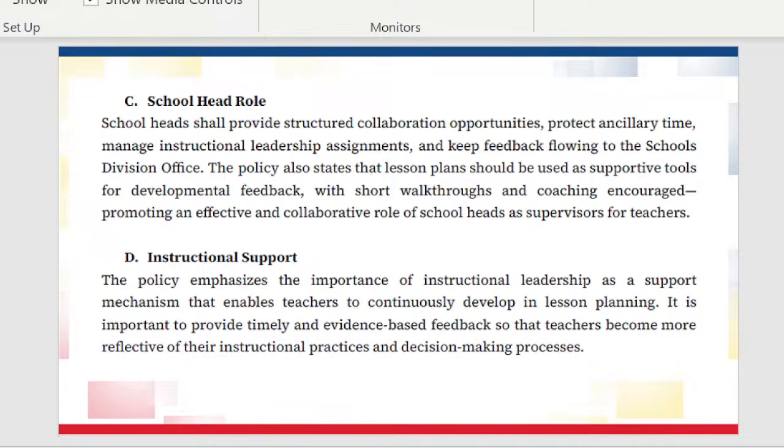The policy states that lesson plans should be used as supportive tools for developmental feedback. Tulong yan, developmental feedback, with short walkthroughs and coaching, promoting an effective and collaborative role of school heads as supervisors for teachers.